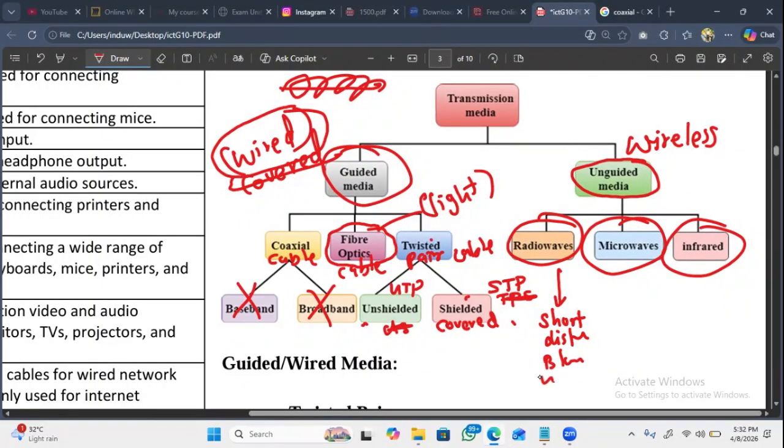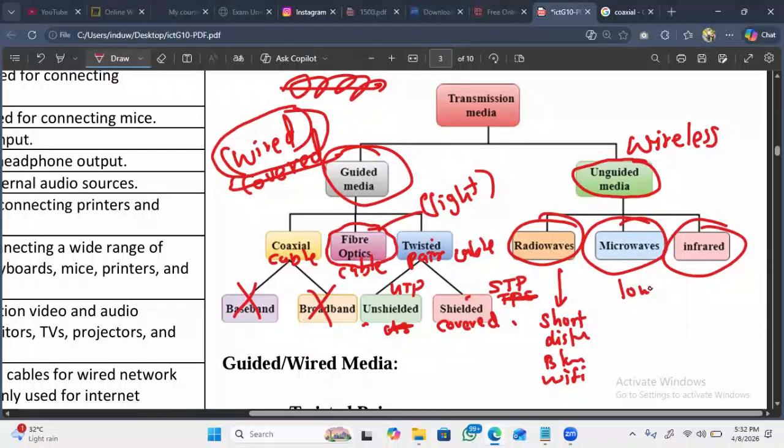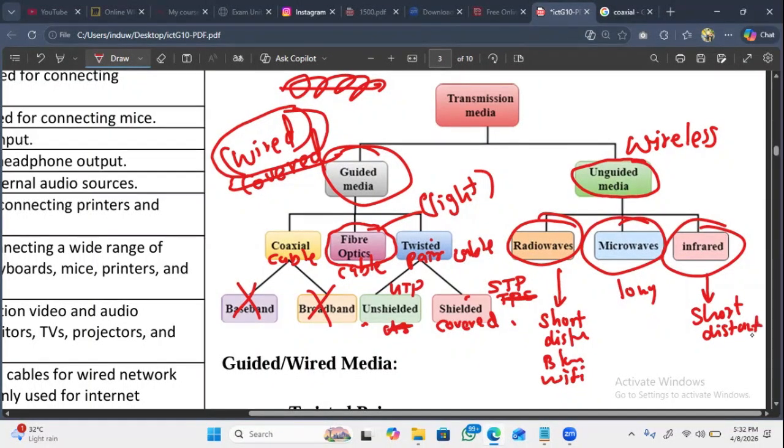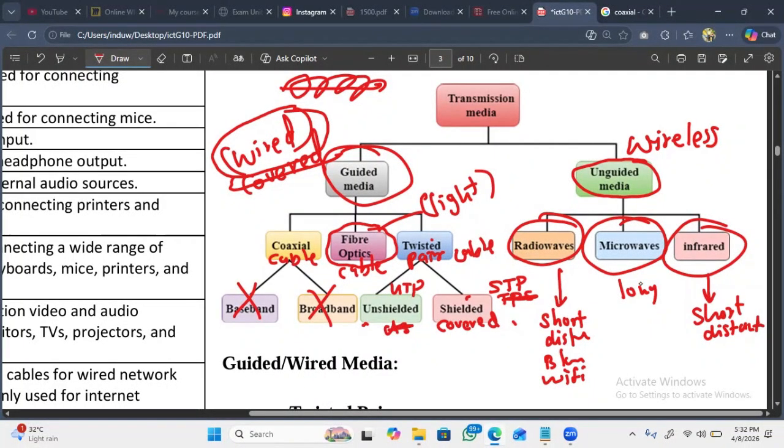Bluetooth, Wi-Fi, we are using radio waves. Microwaves, long distances, satellite signal down. And infrared again is short distance. You should memorize these. I can teach this, but you are the one who should memorize these. Nothing I can do more than that. Right? Microwaves long, infrared again short. We can see these in remotes, TV remotes.